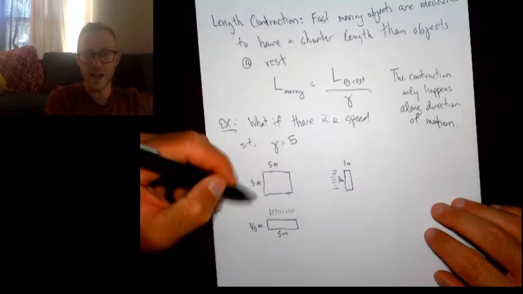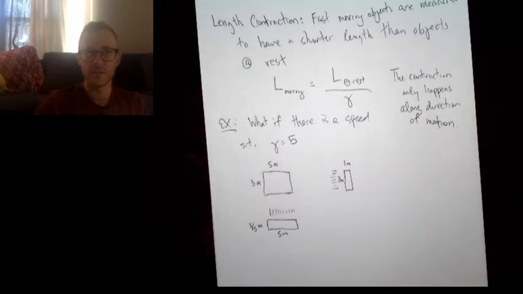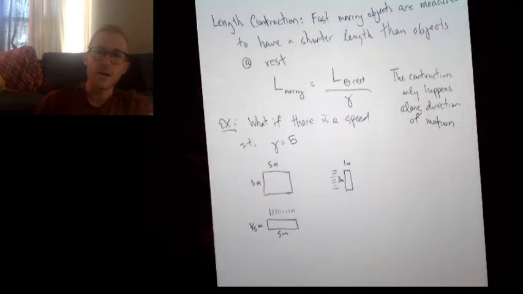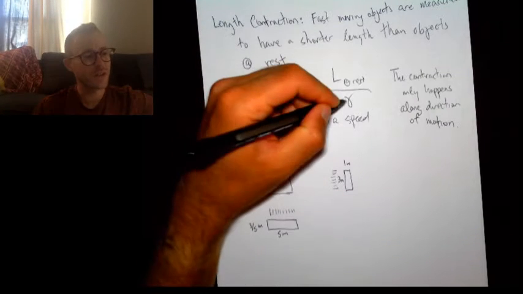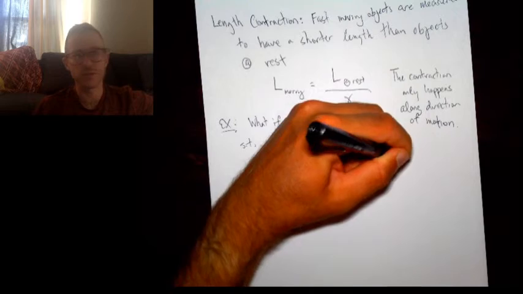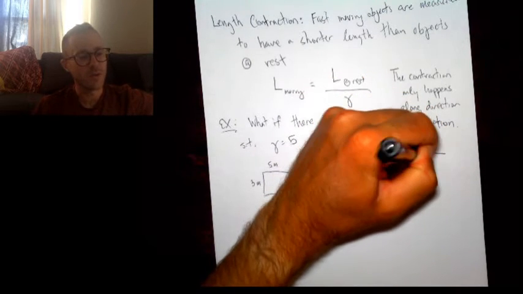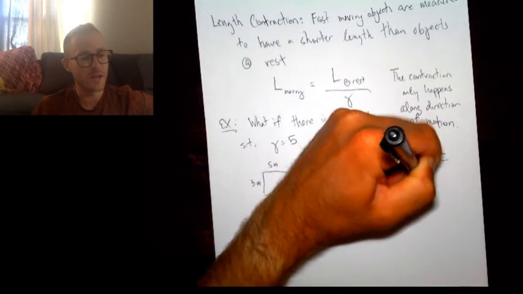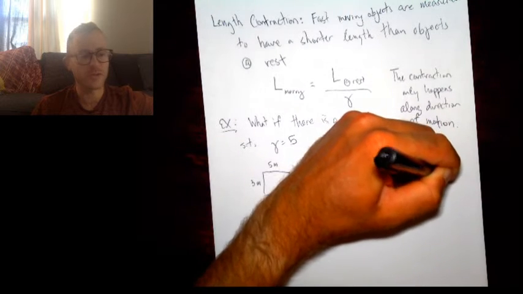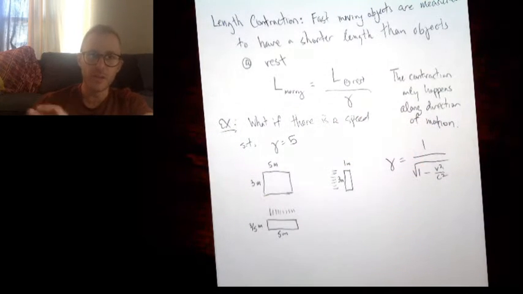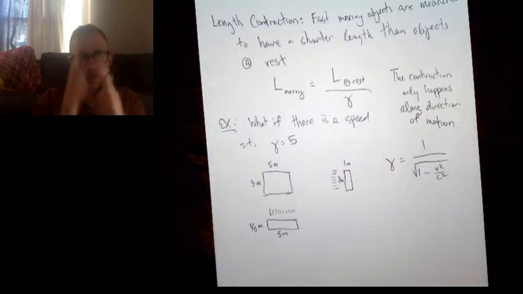And if it was moving diagonally, it would get compressed and it wouldn't be rectangular anymore. It would be sort of diamond-shaped, etc. So that's the basics of length contraction. It involves calculating the relativistic gamma, which once again is 1 over the square root of 1 minus v squared over c squared. So the faster you go, the bigger gamma gets and the shorter the length of the object gets.